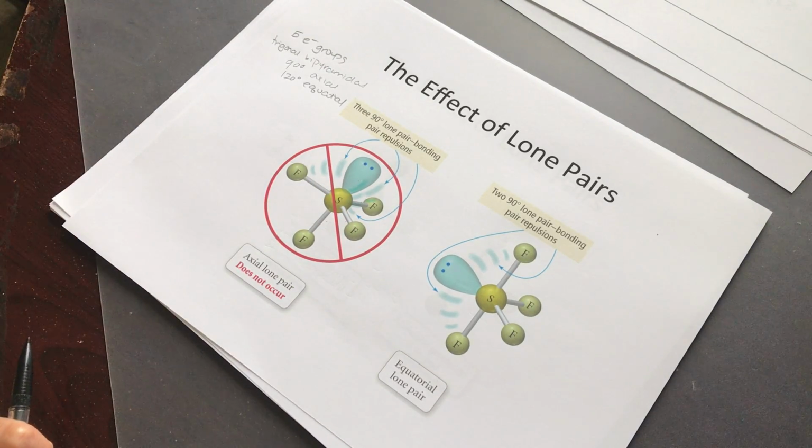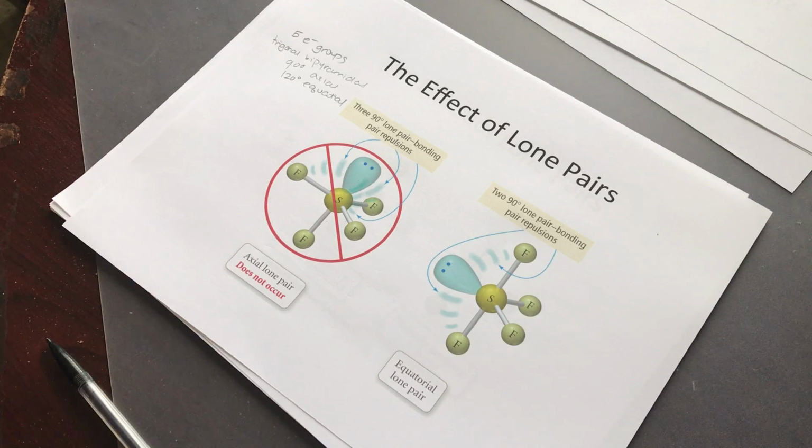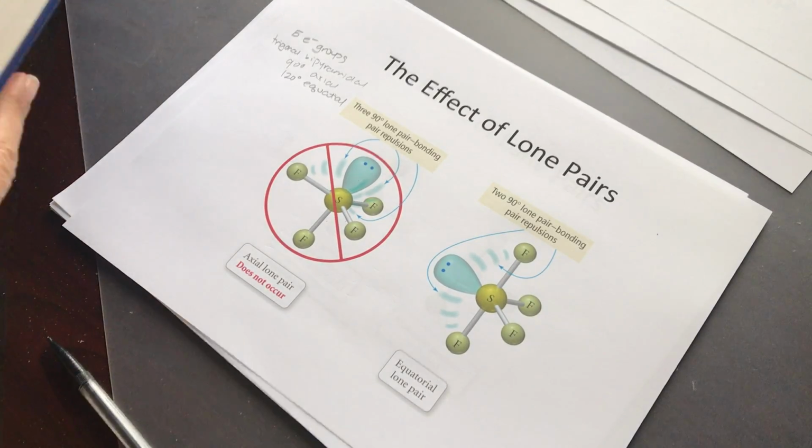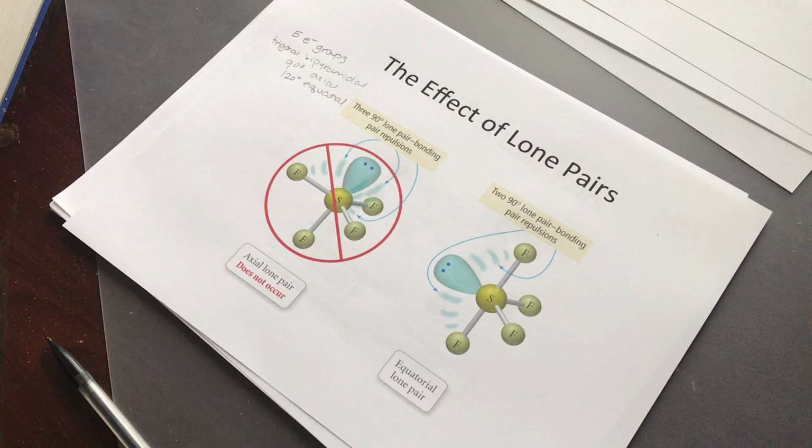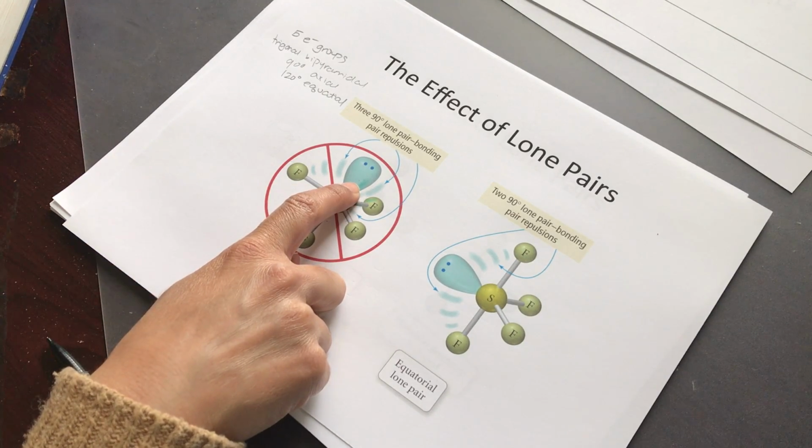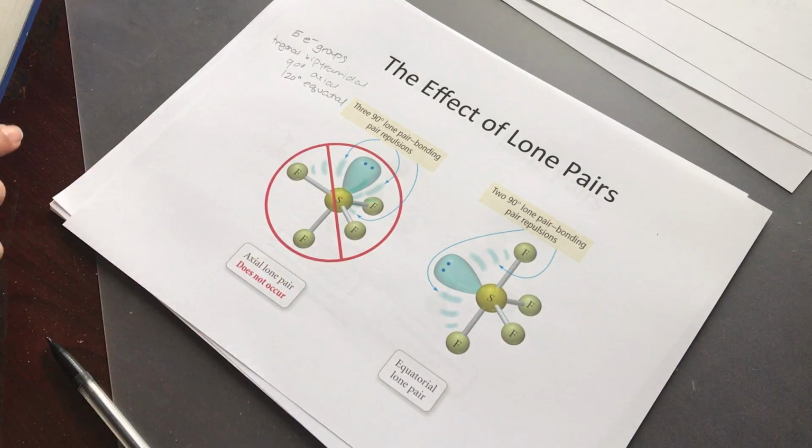Your molecular geometry then becomes, I'm going to show you the chart, for 5 electron groups around the atom and 1 lone pair. The electron geometry is trigonal bipyramidal, and the molecular geometry will be pushing the bonds a little bit further away from itself because of that lone pair.